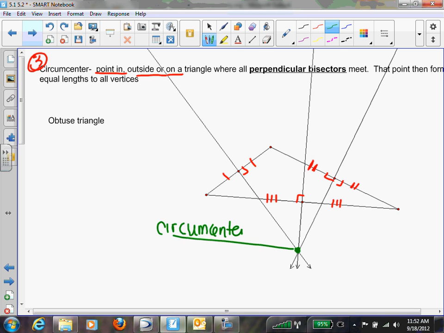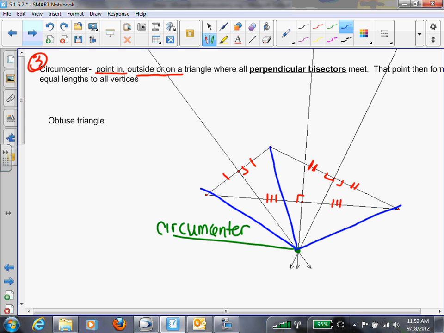Now, what's interesting about the circumcenter is that once we've defined where that point is, when we take lengths from this point to all the vertices, those lengths are congruent. So again, we create the circumcenter by finding all the perpendicular bisectors.